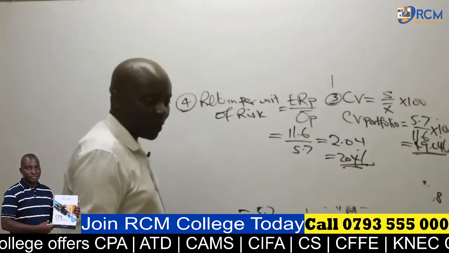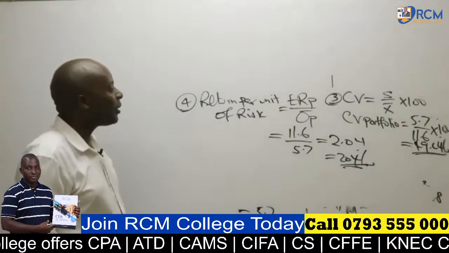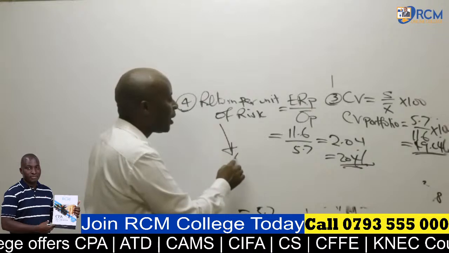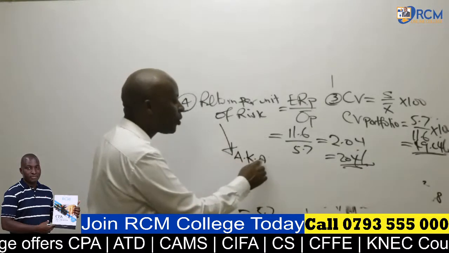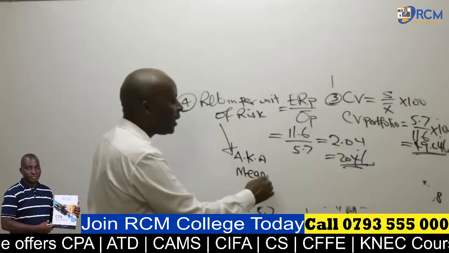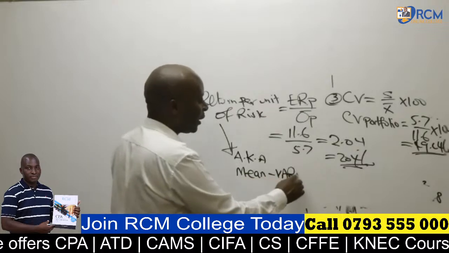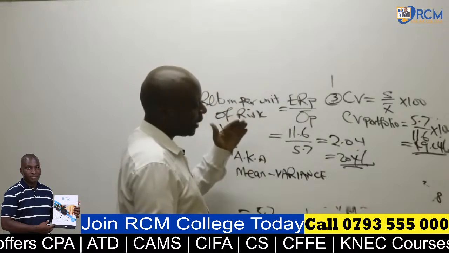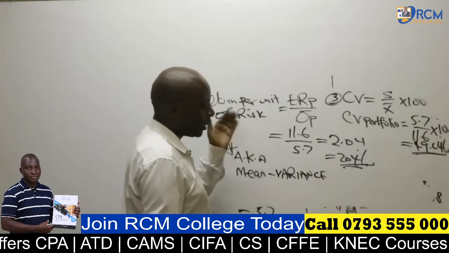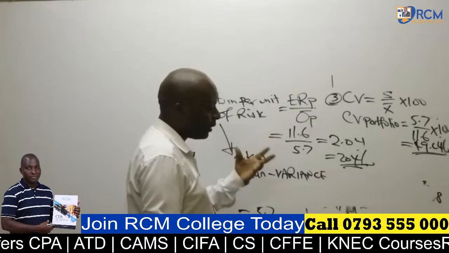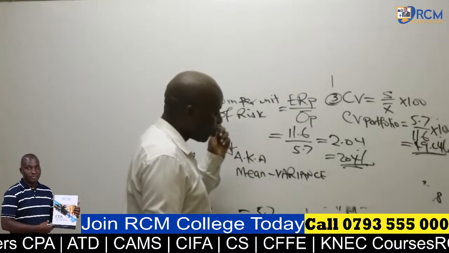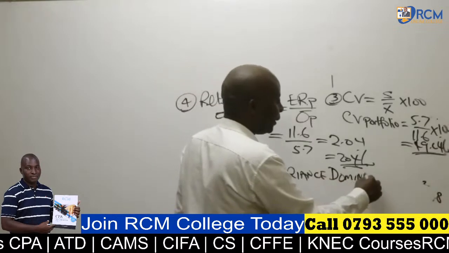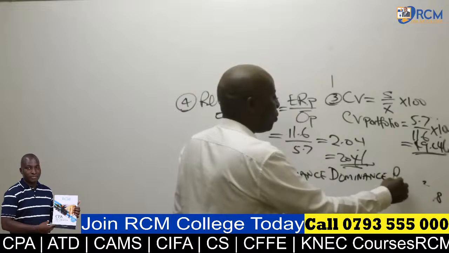Either way is correct. Now, ladies and gentlemen, remember that this return per unit of risk is also known as the mean variance. Whenever you have many portfolios, it will always help you pick the superior portfolio. It is also known as the mean variance dominance principle or rule.